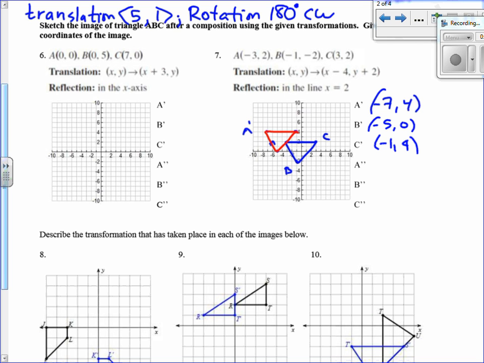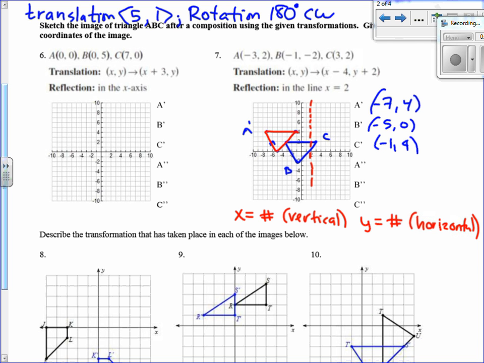Okay. And then we're going to reflect this over the line x equals 2. So remember, if it's x equals a number, it's going to be vertical. If y equals a number, it's going to be horizontal. So the line x equals 2 is going to go through the x-axis. So how many units away is this point from the line? 6 away.